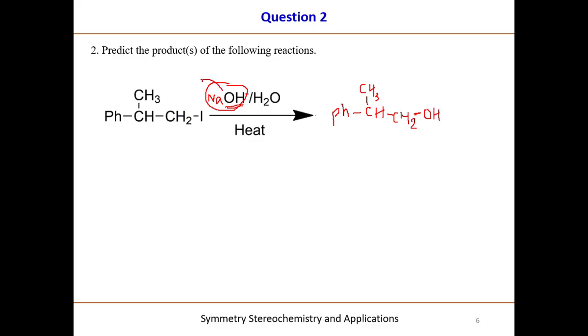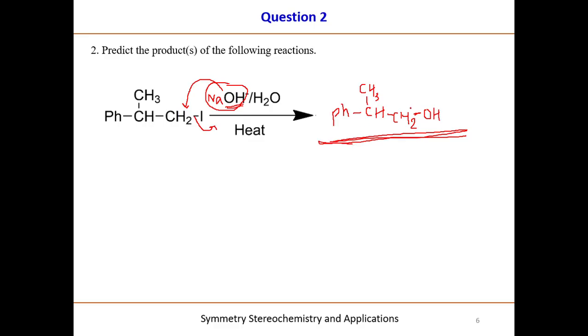OH will attack this carbon because this is a primary carbon atom, and two hydrogen groups are present on this carbon atom. So the SN2 mechanism is favorable with a strong nucleophile. The iodine will leave, and the bond breaking will take place simultaneously, and exclusively we will get this product as a stereospecific product.